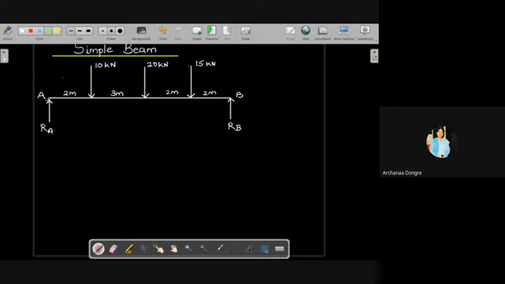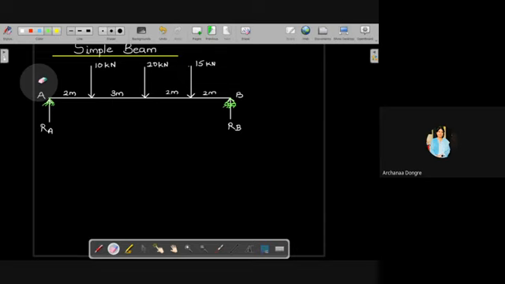So let's say this is support A, this is support B. We see that from support A to this particular point load, what is acting. I'm purposely not giving names here because we have to use a few alphabets, so I'm going to use A, B, C, D for the spaces.